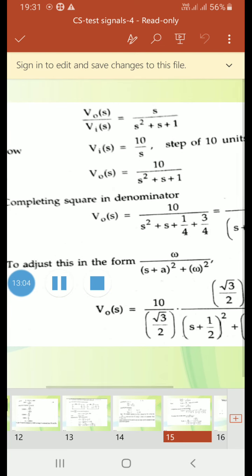Therefore, V naught of S by Vi of S is equal to S divided by S square plus S plus 1.